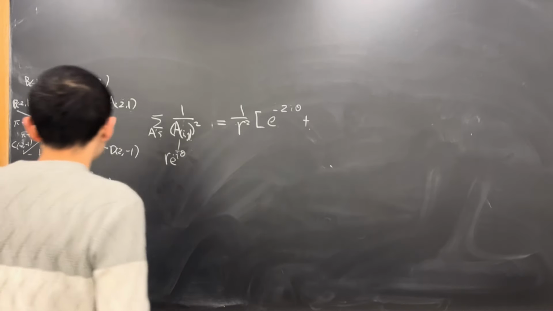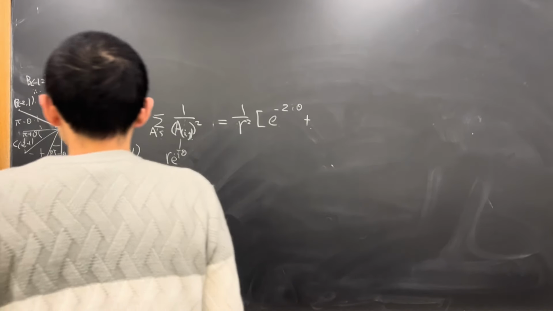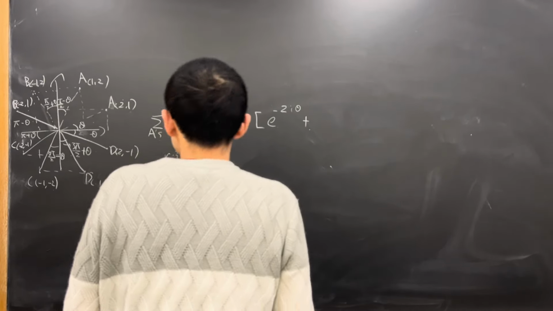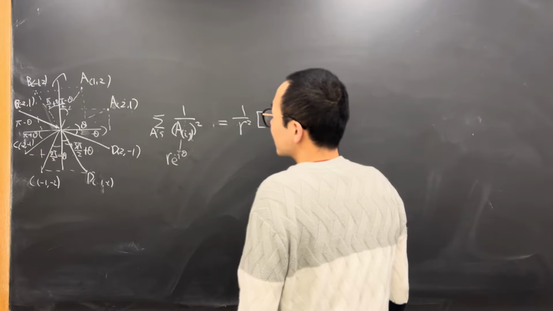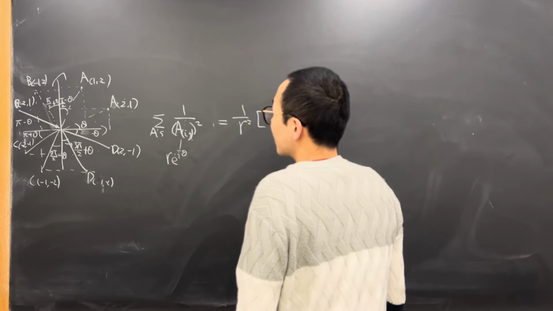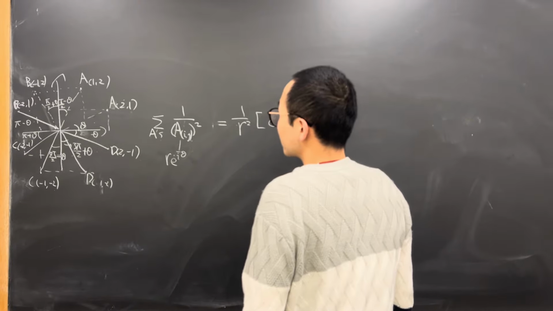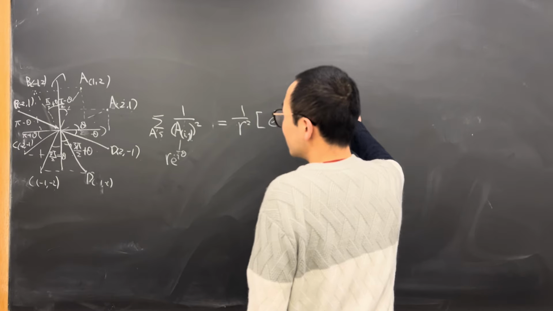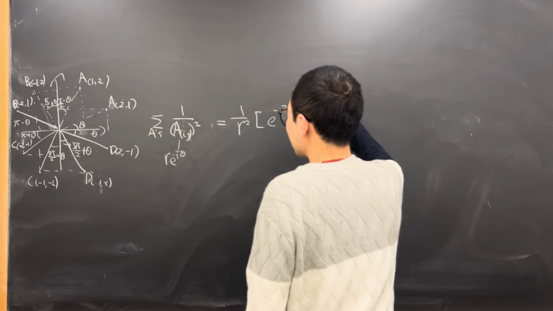For the second point we square it and take the negation: pi minus 2 theta, so 2 theta minus pi.